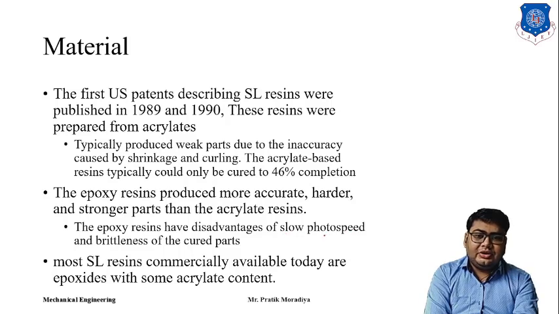What is photo speed? The time it requires to get polymerized after the light has been imparted. So if we use epoxy resin only, then it will take a very high amount of time to produce the part as compared to acrylate.